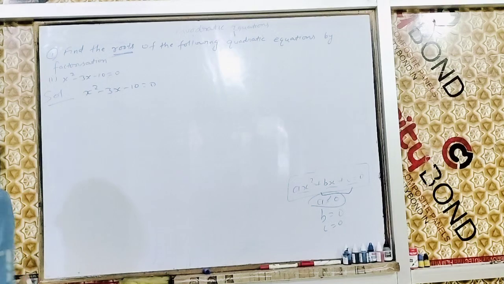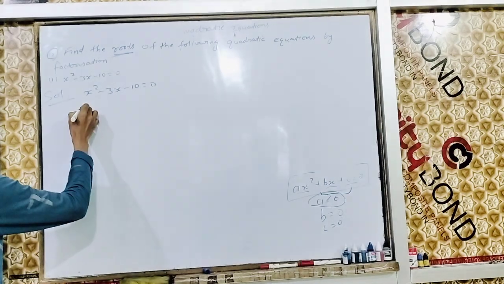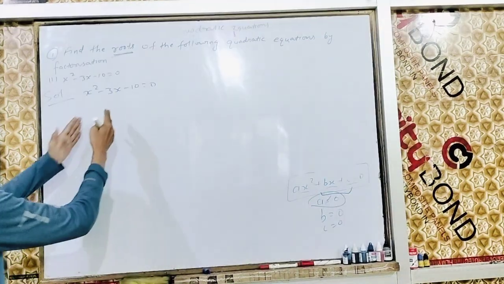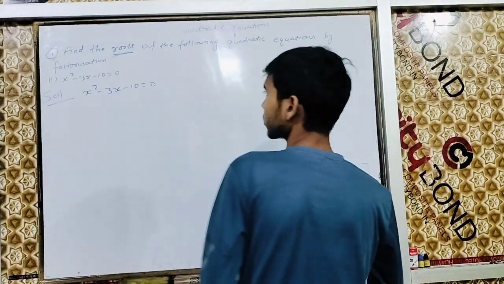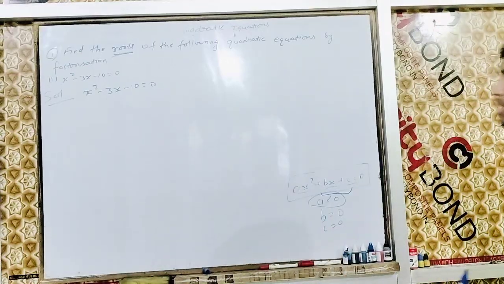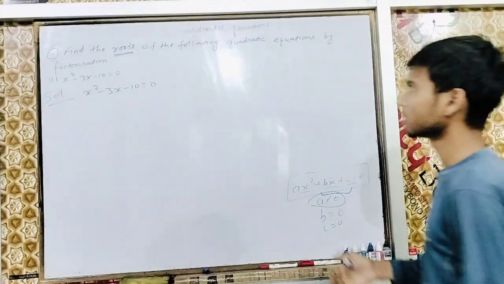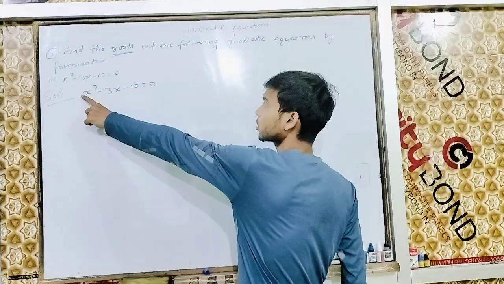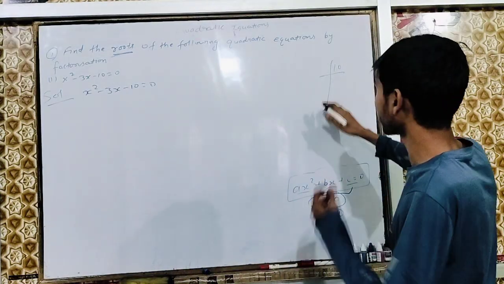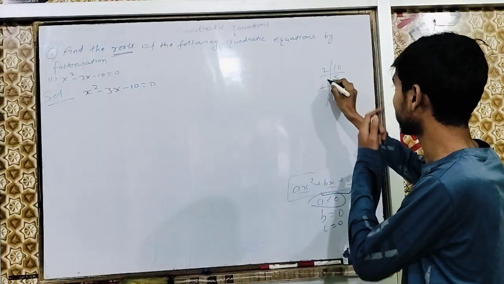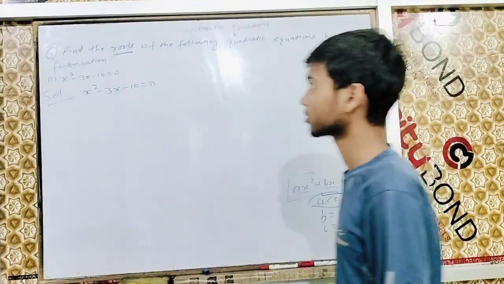Now, look here. Can we use the splitting method? Yes, of course, because the splitting method is just factorization. And we know that the product of this and this is how much? 10. And the factors of 10 would be nothing but 5 and 2.